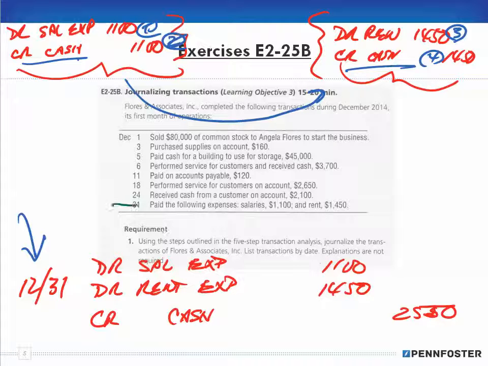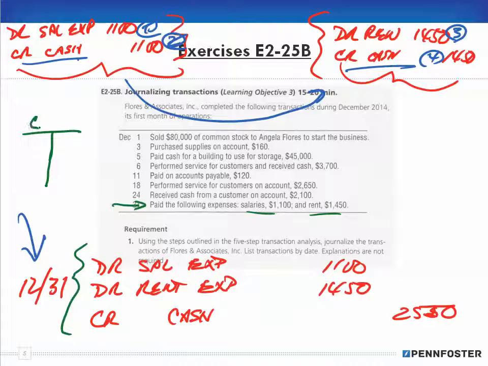Because if you're looking at this entry here, and I'm doing this in green, it says paid the following expenses, salaries and rent. So now if I want to know how to make this entry, and you saw me make this entry originally, but if you didn't see and you're not so sure of yourself as to be able to make 1 entry instead of the 2, you can on the side create yourself T accounts.